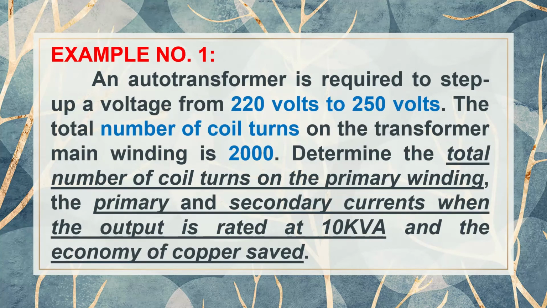Sample problem. An autotransformer is required to step up a voltage from 220 volts to 250 volts. Total number of coil turns on the transformer main winding is 2000. Determine the total number of coil turns on the primary winding, the primary and secondary currents when the output is rated at 10 kVA, and the economy of copper saved.